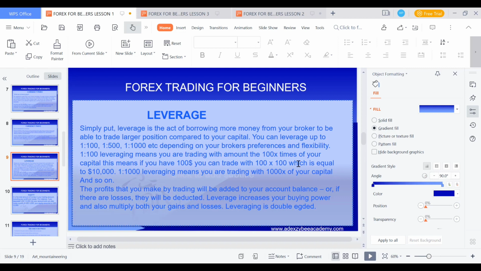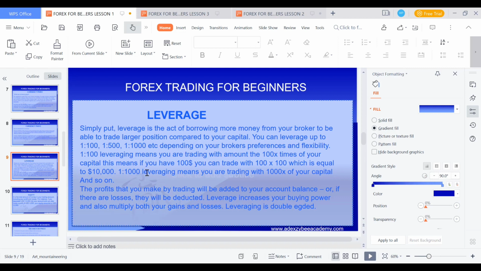So when I sell, I'll come and pay the remaining excess of nine that I borrowed. So I'll have my profits and they will have their own money also. Do you understand? That's how it works. So you can leverage up to 1,000. Some brokers even allow you to leverage to 1 to 5,000. The problem of leverage is just that as it maximizes your profit, it also maximizes your loss.